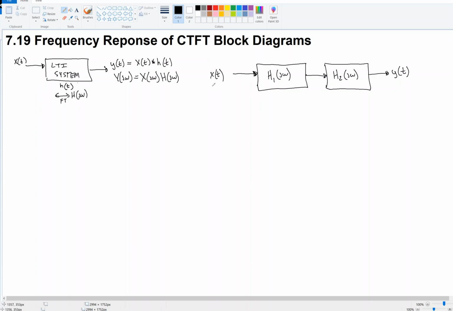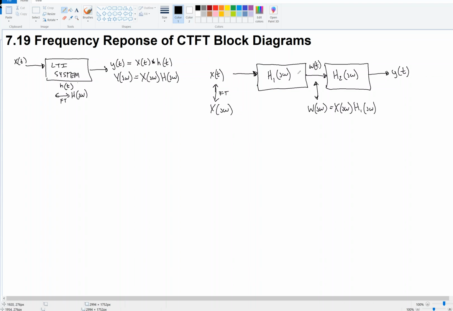Well, x has Fourier transform capital X. If you want to call this intermediate signal w of t, that makes the spectrum here X times H1, right?